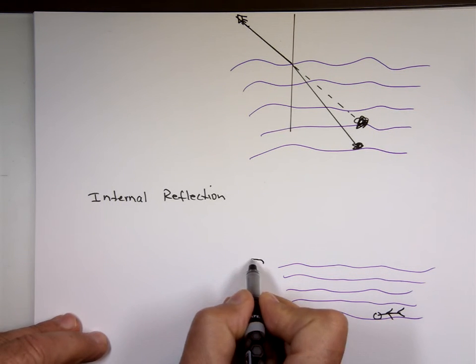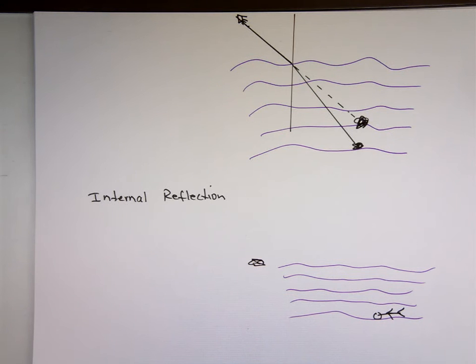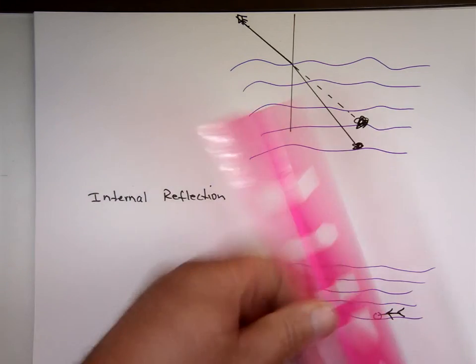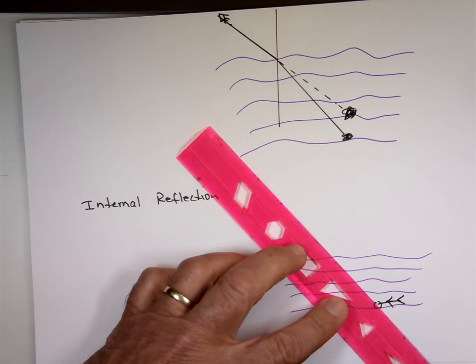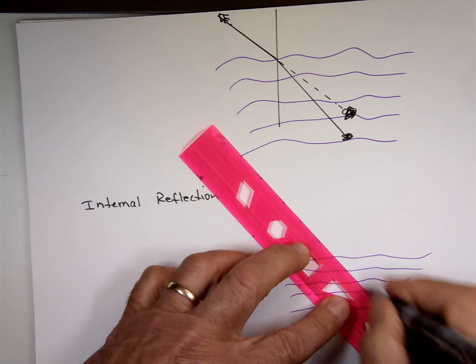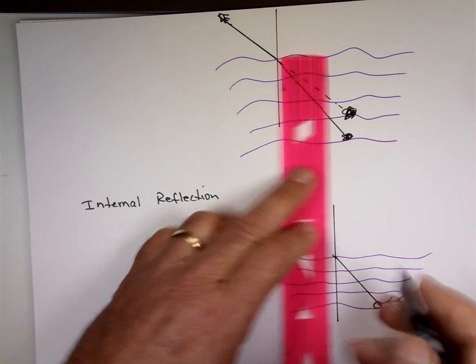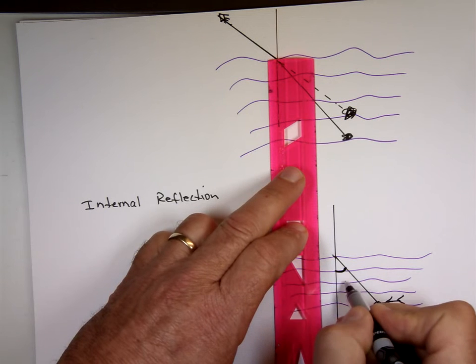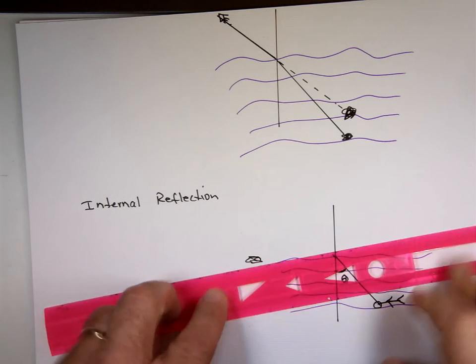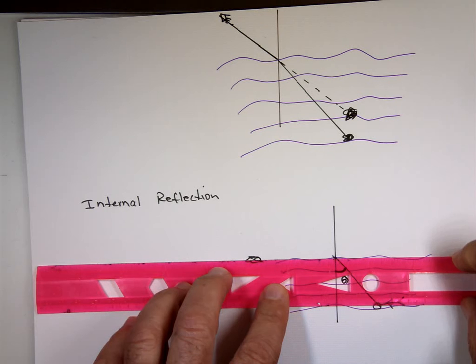We want to make sure nothing is going on. So the question is, at what angle, what's this angle called theta, that when the beam leaves the water, comes through air, it comes out at 90 degrees.